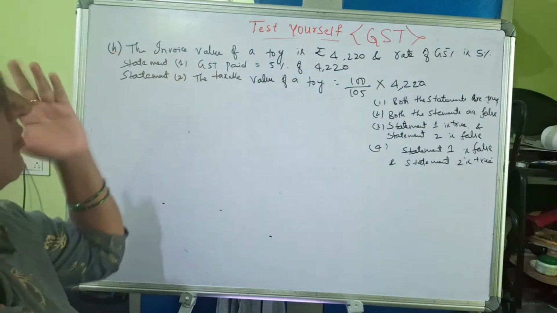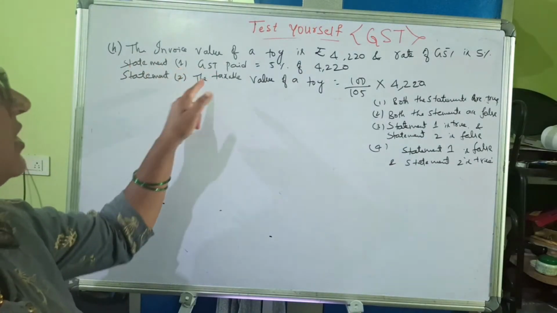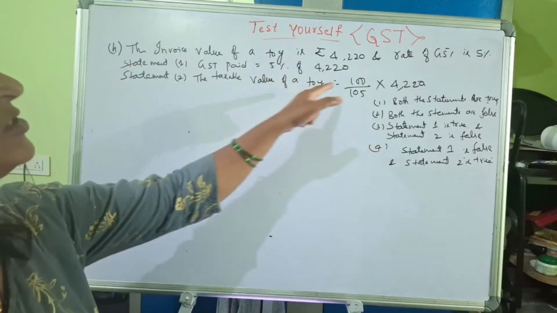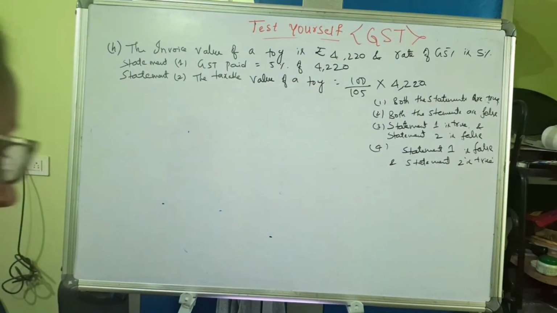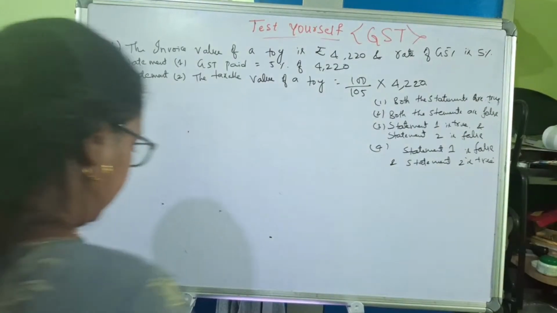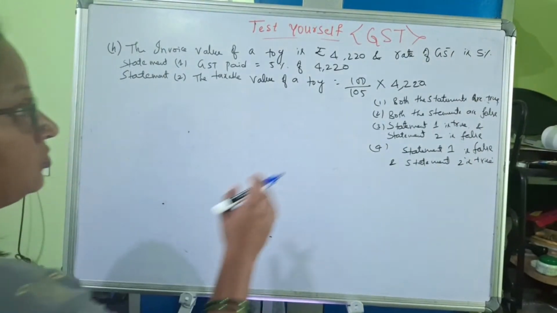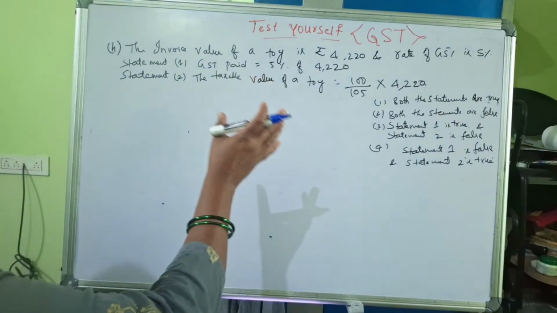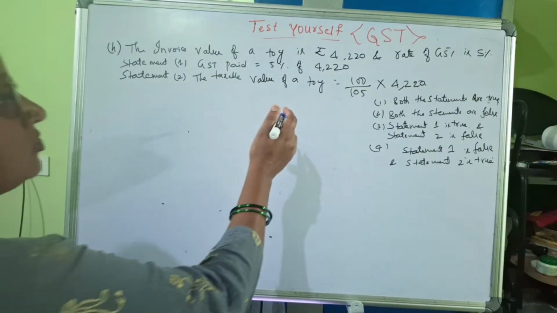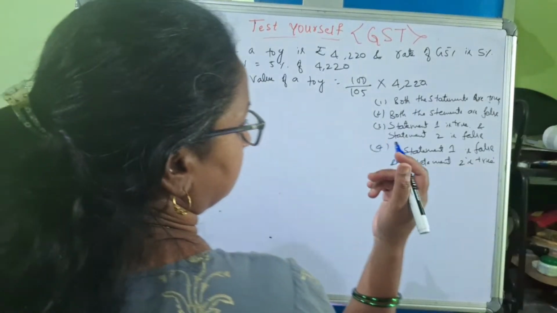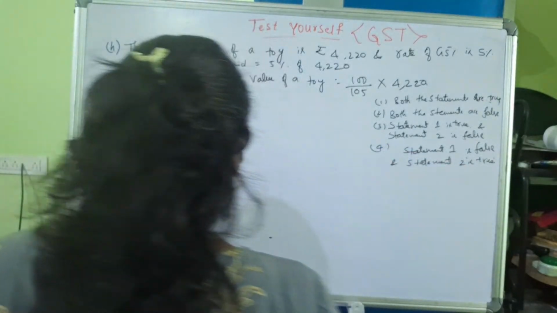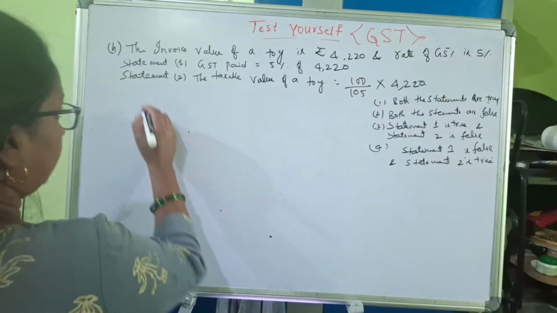Then statement 1 is false, because in the first statement they have given that GST paid is equal to 5% of 4,220. But the invoice value always includes the GST. So statement 1 is false.